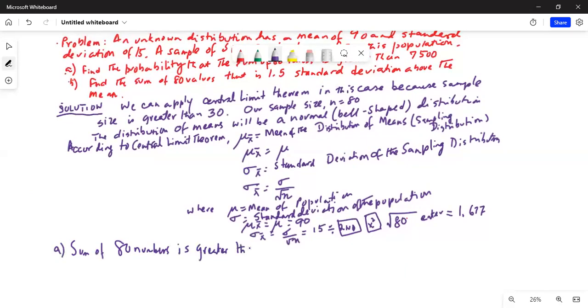So the average of the 80 numbers is 7,500 divided by 80, which is equal to 93.75.